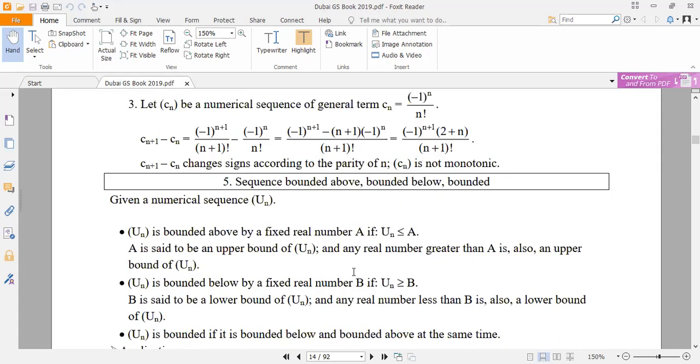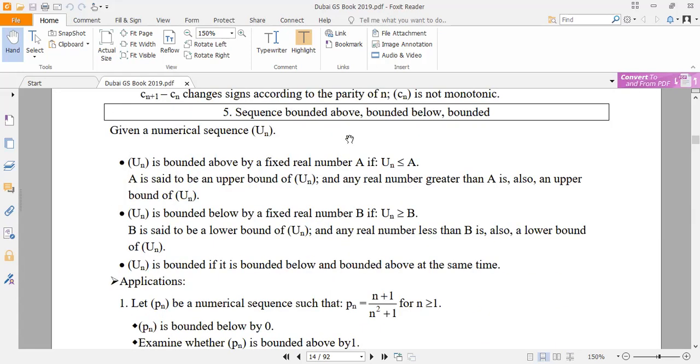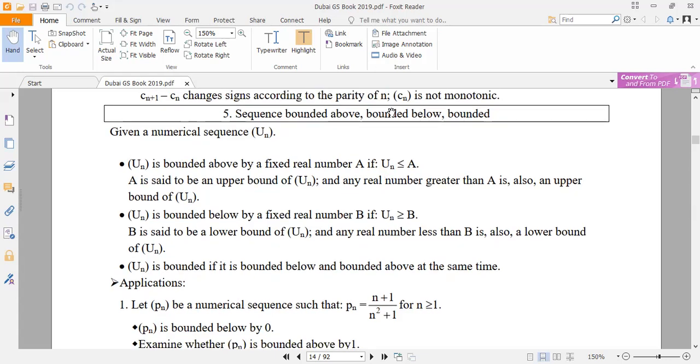And finally, we talked about the boundedness of the sequence. A sequence can be bounded above or below. For example, we took the sequence un equal 1 over n.